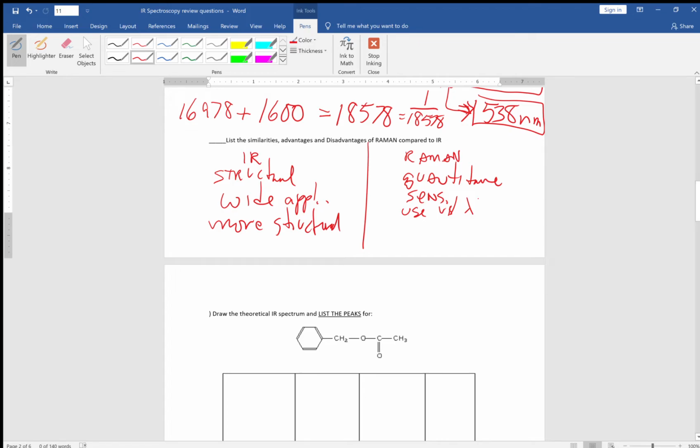That means we can use things like glass and quartz for our optics, glass being actually the best choice, as opposed to IR, which has to use ionic crystalline structure. This also provides greater selectivity.